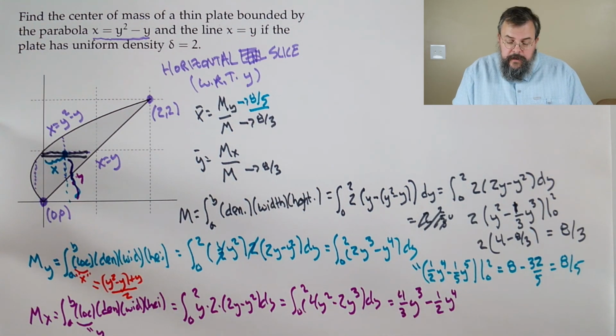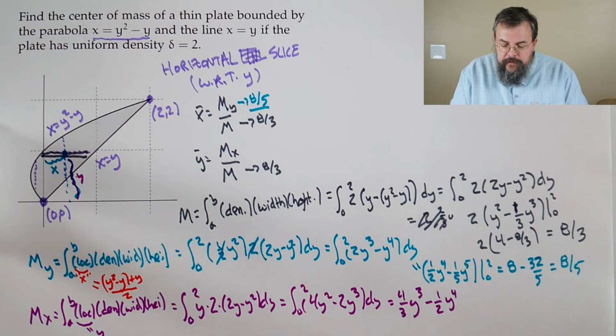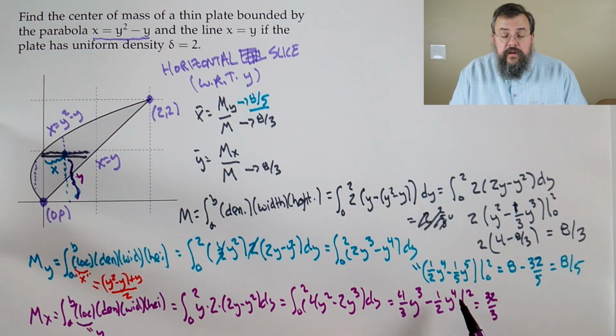All right. Well, now we need to evaluate from 0 to 2. So we plug in 2. That'll be 4 times 8 over 3, so that's 32 over 3. And here, plug in 2. That'll be 16. 2 to the 4th is 16 over 2 is 8.